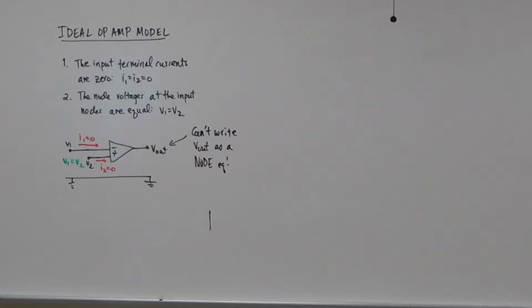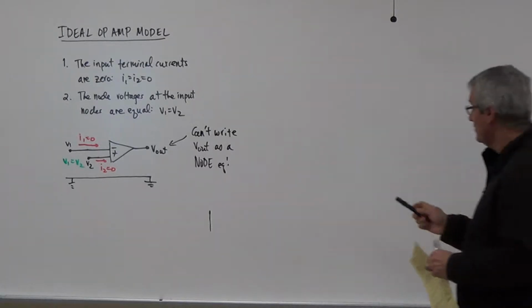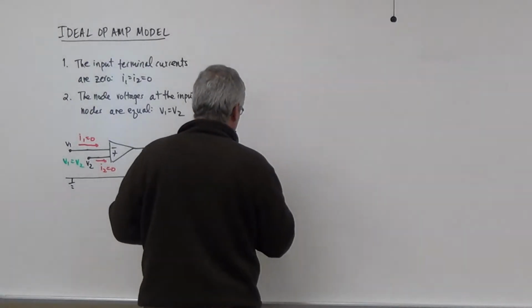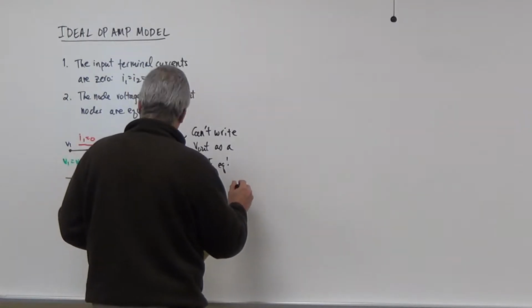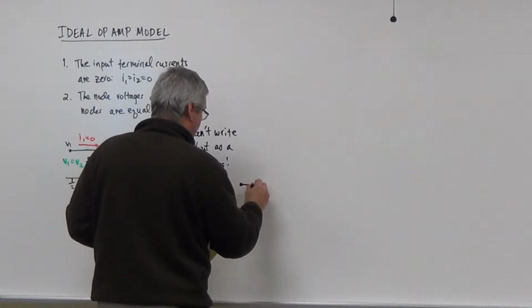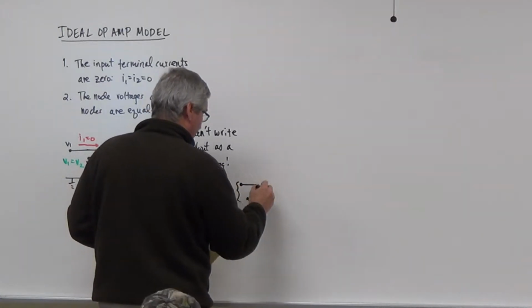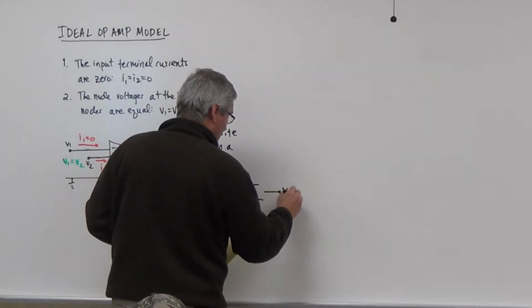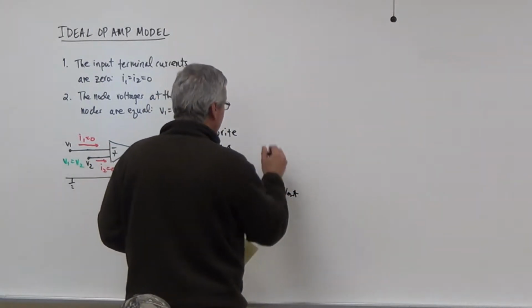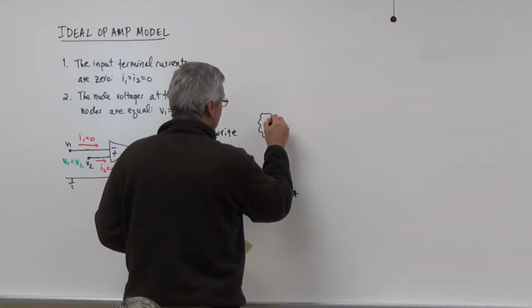And the reason is, remember, V out is the voltage source. Right? It's the voltage source. So when I look at this node right here, what I'm really seeing is that V1 and V2 are the input, and then V out is the output. So it's essentially something like this. I have a circuit.